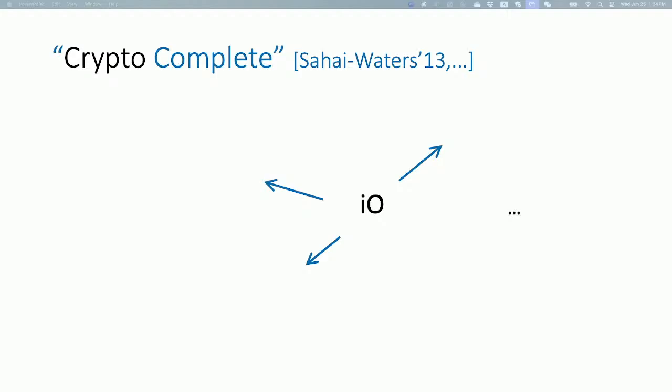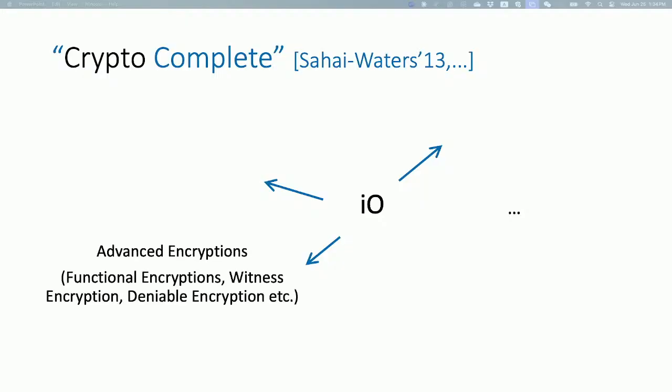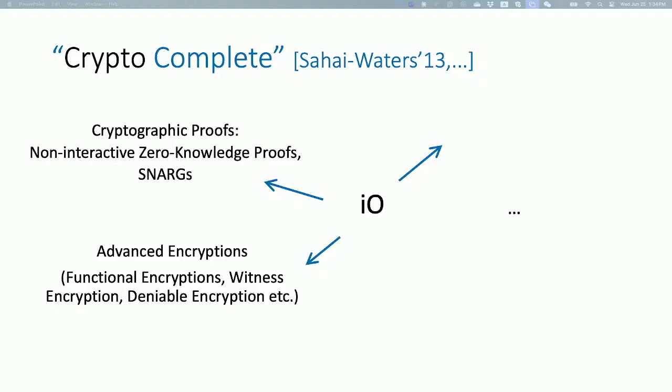Okay. So previously, we know iO is a very powerful cryptographic primitive, and it was known as a cryptographic complete primitive, since it can be used to imply many other cryptographic primitives. They include advanced encryption schemes that allow computation over encrypted data, and it can be used to build cryptographic proofs that allow you to compress a generic NP witness into a very short proof.